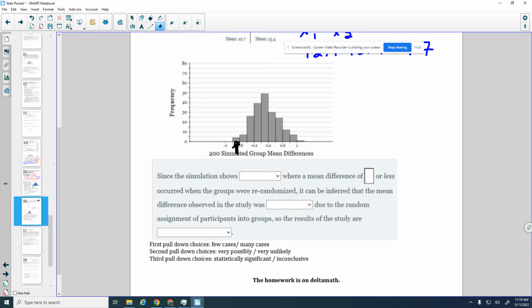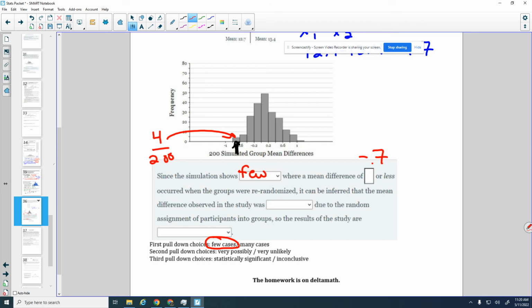So does the simulation show many or few cases that are there or more extreme? If I look at this, it looks like that bar has about 4 in it, okay? So that's 4 out of 200, okay, which is less than the 5%. So I'm going to say that it's few cases where a mean difference of negative 0.7 or less occurred when the groups were re-randomized.